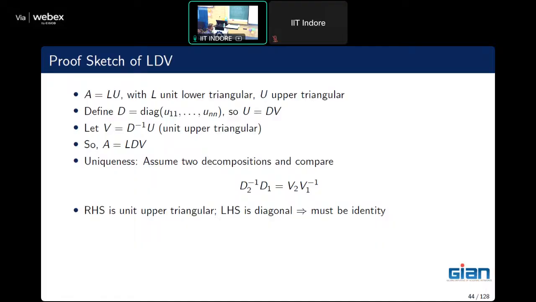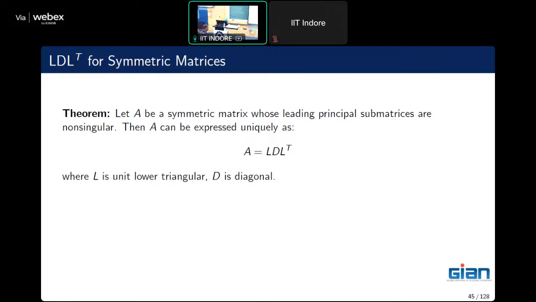Okay. So similarly, if the matrix is symmetric, then you can write A equal to L D L transpose. L is a unit lower triangular, D is diagonal, and L transpose is a unit upper triangular matrix.